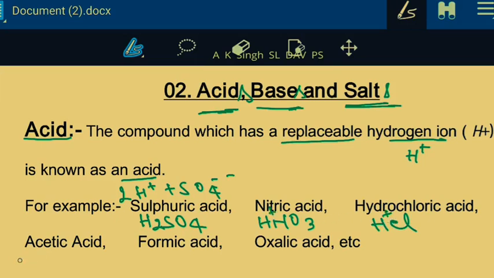Just like acetic acid, CH3COOH, it also has a replaceable hydrogen ion. Formic acid, HCOOH, also has a replaceable hydrogen ion.